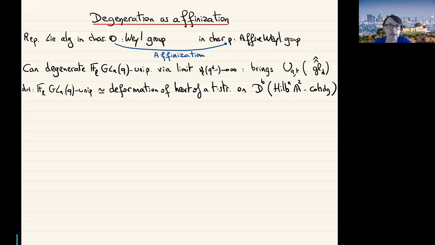So you can view this abelian category as having to do with the deformation of a certain geometrical object. You take a two-dimensional affine space, and you look at families of n points. You can make a variety out of that. That's a symmetric power, S^n of A^2, families of n points.